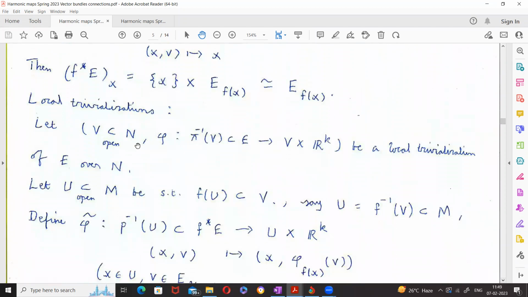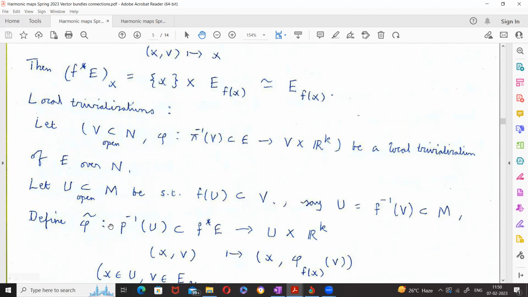So suppose V comma phi is a local trivialization of E over N, okay? So phi goes from pi inverse V inside E to V cross RK. So then take any open set U in M such that F of U is contained in V. So for example, you can take U to be F inverse of V, all right? So this is an open set in M.